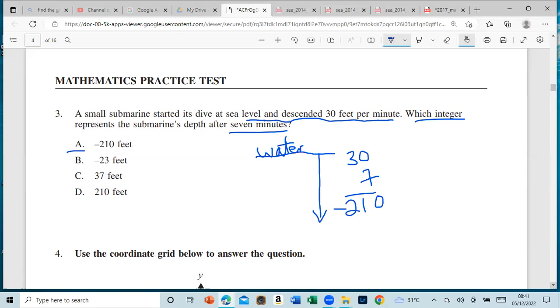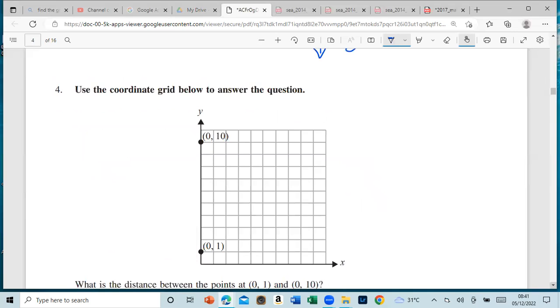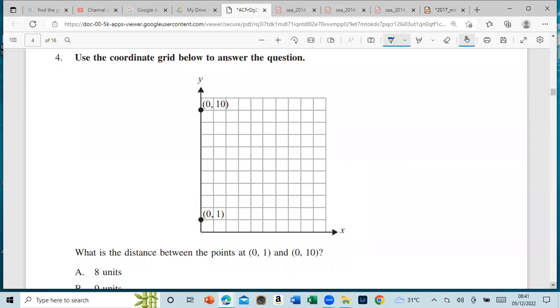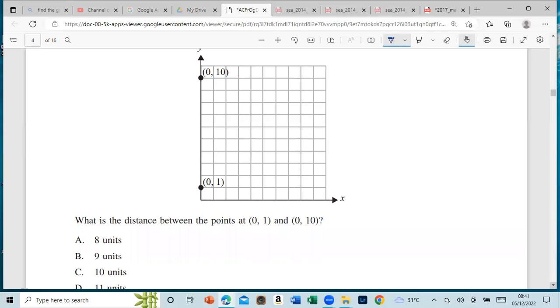Let's move on to number 4, and it says, use a coordinate grid to answer the question below. What is the distance between (0, 1), which is this, and (0, 10), which is this? Remember, I was saying x is first, and on the y-axis x is 0.